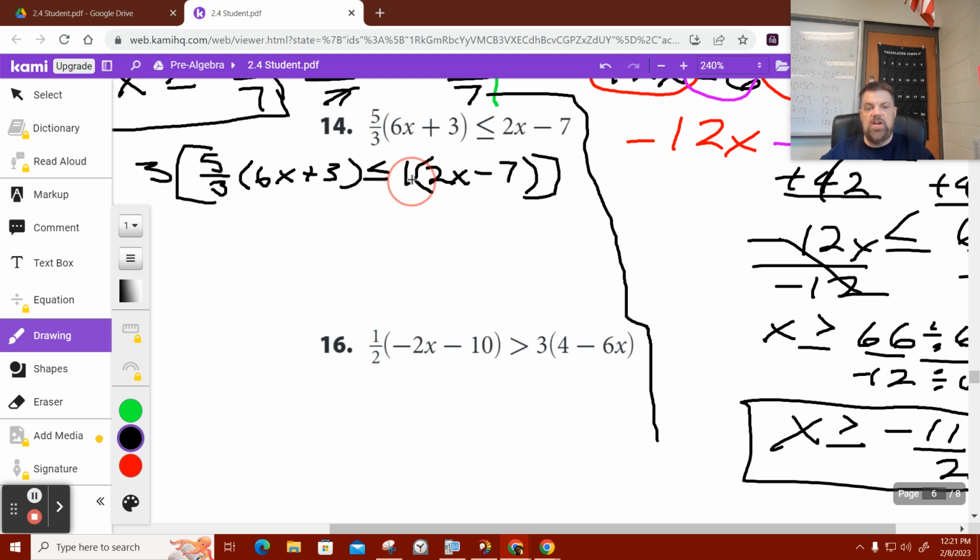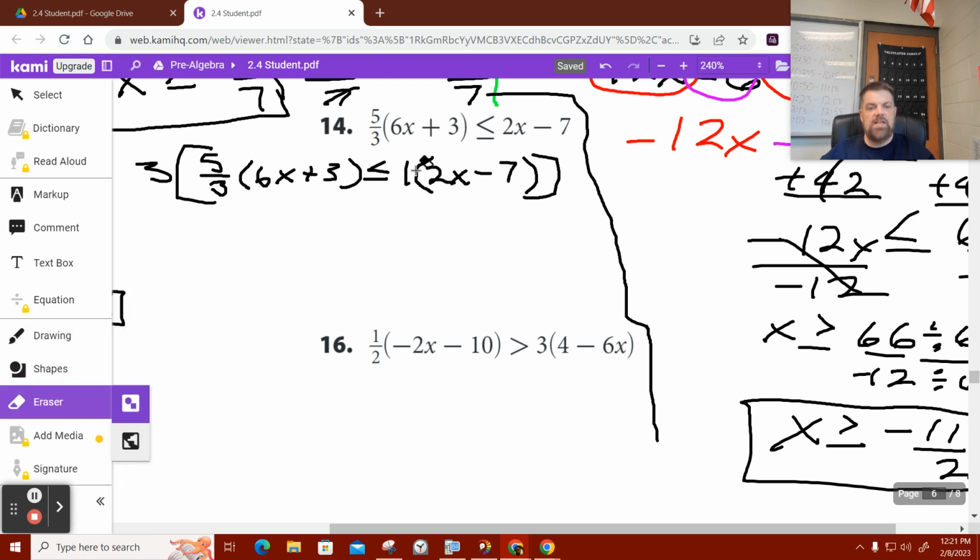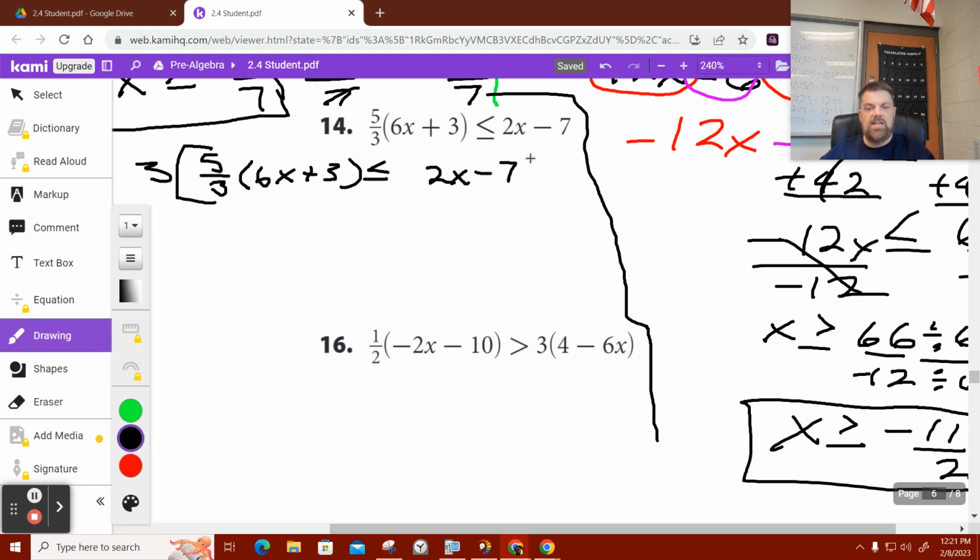Now, this is technically a 1 here. Well, we don't need to do it that way. Don't write the parentheses. I'm just adding an extra step when I don't need to. Write it like this. Now, this 3 gets multiplied by this.